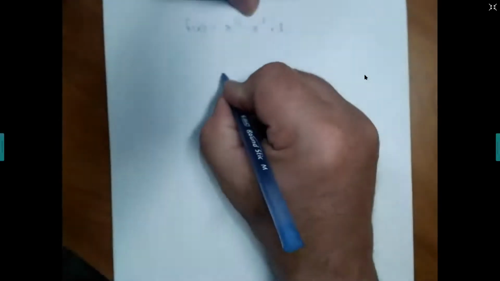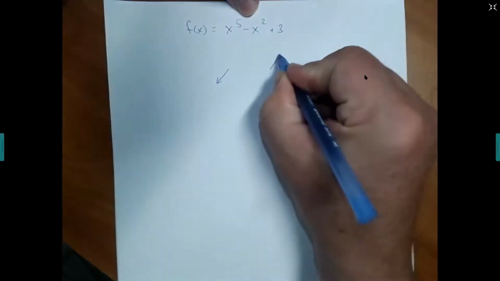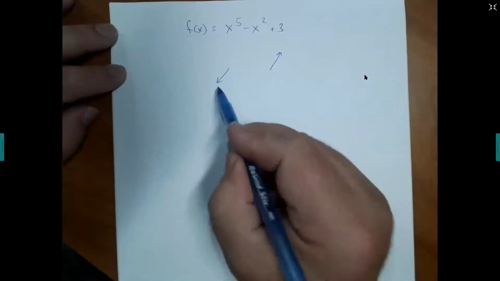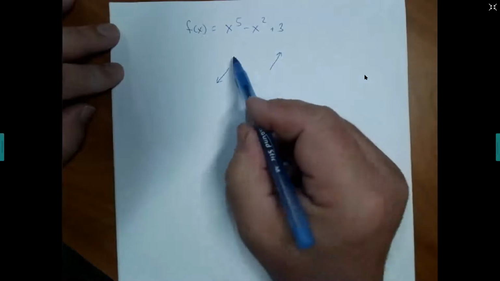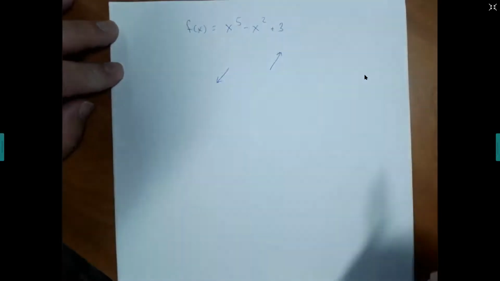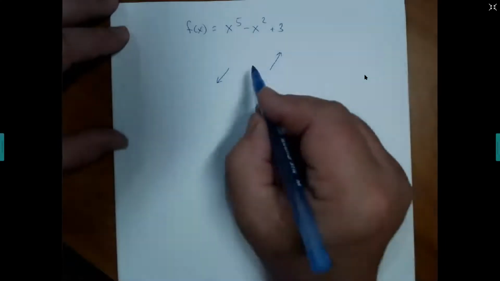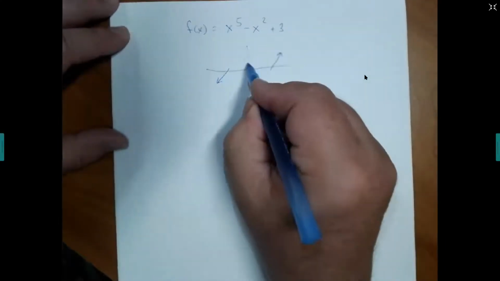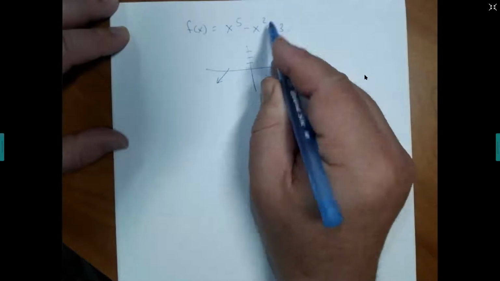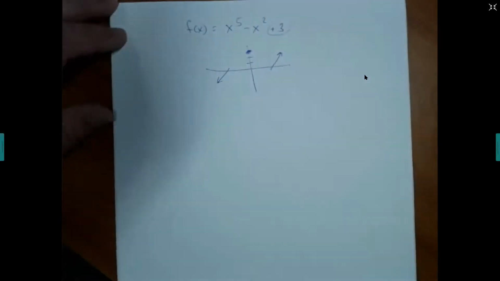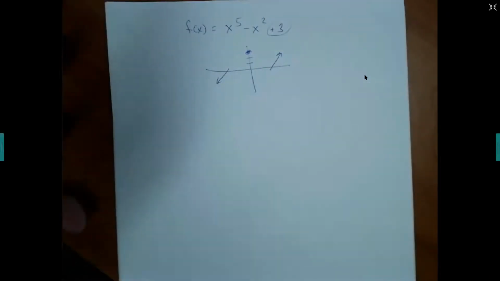You can tell the end behavior: it's going to start going down on the left and up on the right. So it's an increasing function. And we don't know what happens in the middle here. What else do we know about this equation? We know that the y-intercept has to cross through that point. That's the only thing we know about the graph so far.